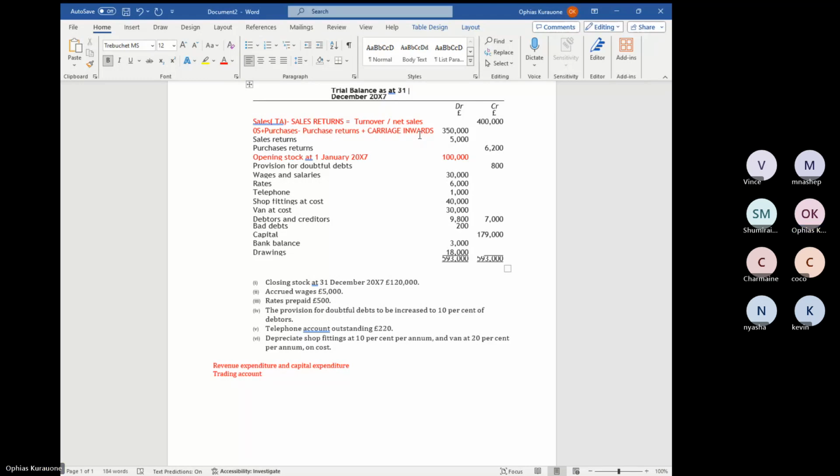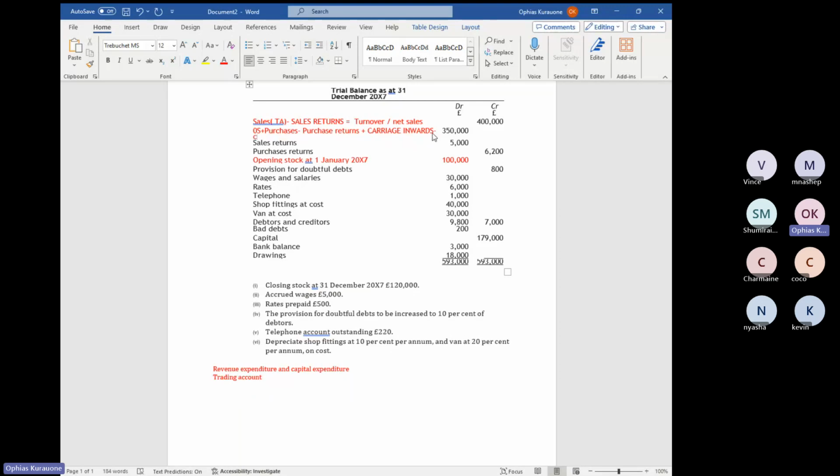For example, bread distributors deliver bread to the customers, and that is carriage outwards. So we need to be very careful on this. Carriage inwards is part of cost of goods sold. Are we together? Then here we less the opening stock and the closing stock.